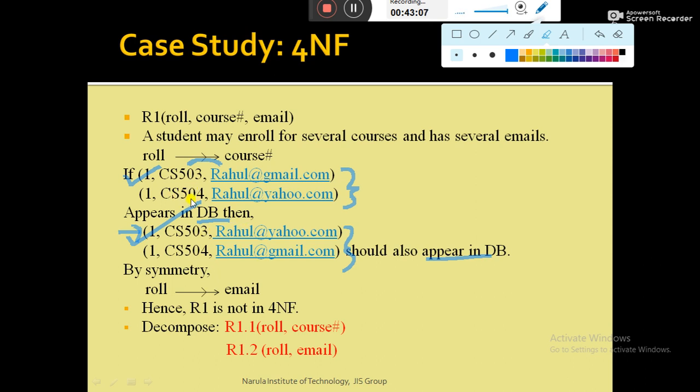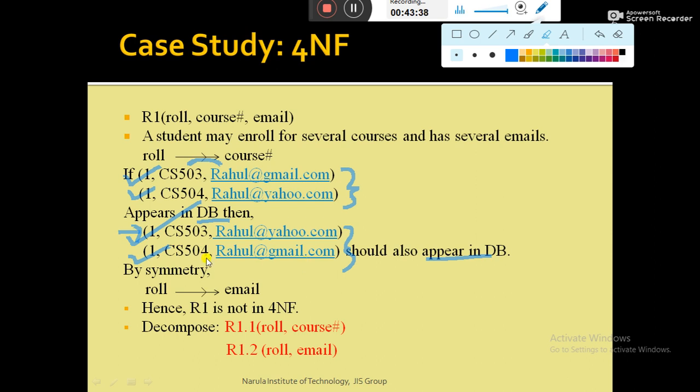Similarly, roll number 1, CS504, here the email ID is rahul@yahoo.com. If it appears in the database, then that record should also appear in the database, because with that data we can break the relationship between course and email, because CS504 has two corresponding email IDs: rahul@yahoo.com and rahul@gmail.com. That means no functional dependency exists between course and email.